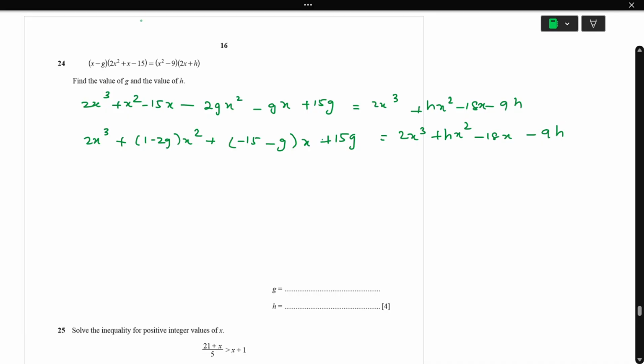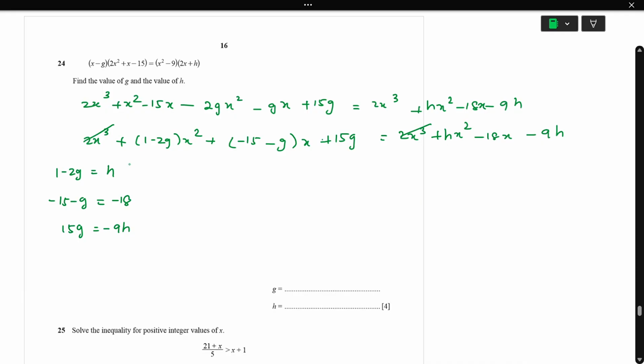Okay, so the x cube term is the same, so we can ignore that. We are going to compare all other terms. Here x square coefficient is 1 minus 2g equal to h, so we can equate. Then x's coefficient is minus 15 minus g equal to minus 18. Next, the constant 15g equal to minus 9h. From here we need to find h.